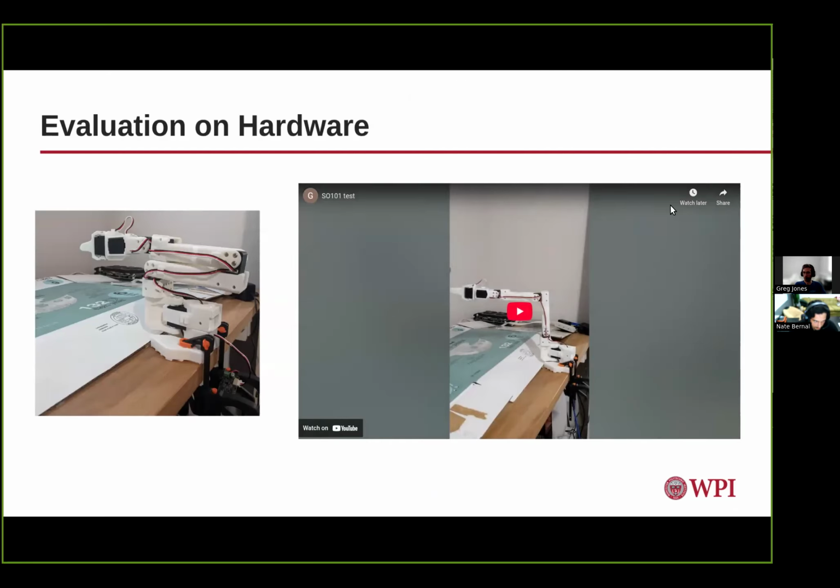And you can see in this video, the robot displays some rapid oscillation at the goal position, and this behavior ended up causing the robot arm to collide with the table several times and resulted in one of the motors breaking.